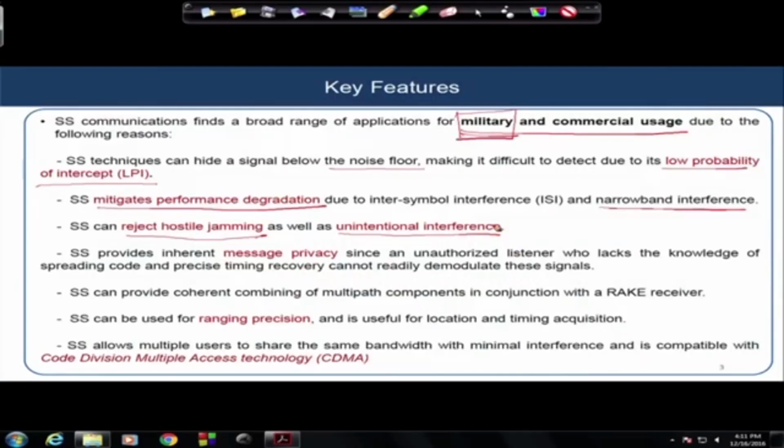Spread spectrum provides inherent message privacy. If you cannot detect what the communication is about, if your signal is buried in noise and you are unable to detect it, your privacy of the message transmission is very high. So spread spectrum communication is the first means by which we provide security in the physical layer. Today you might have heard a lot about the 5-layer security system.